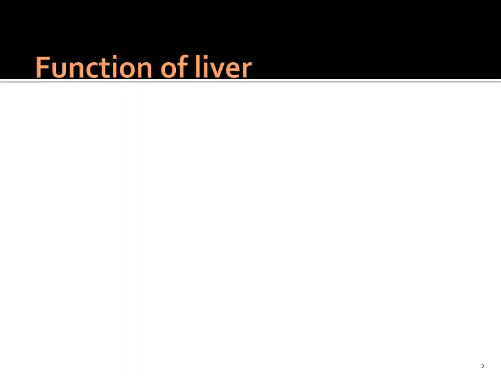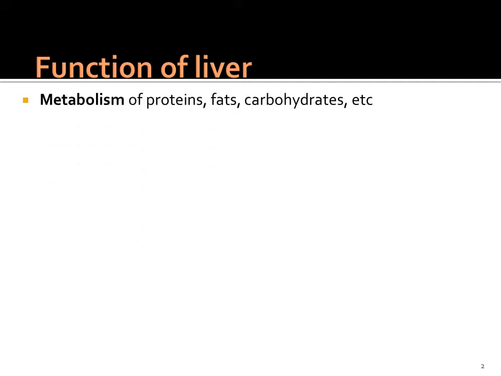We all know that liver is the largest organ of the body and it has dual blood supply and it has complex functions. So, we can distribute the function of the liver in different ways, like it has metabolic function, that it metabolizes proteins, fats, carbohydrates.